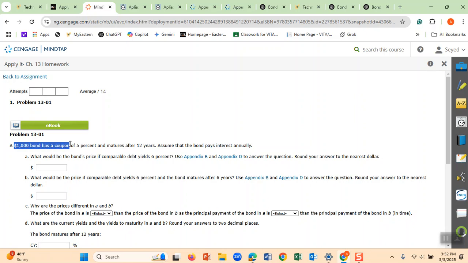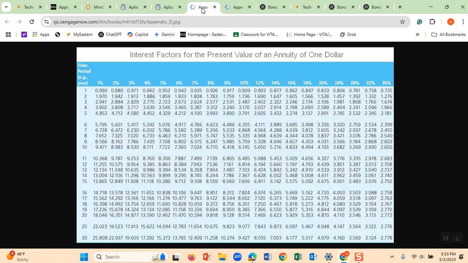You go to the table and look at when the interest rate is at 6%. We know the coupon payment, we already know it's 50. Therefore, we have to multiply the numbers by 50, because that's 5% of 1,000, it's 50. Then we are looking at an annuity of 12 years, when the interest rate is at 6%.